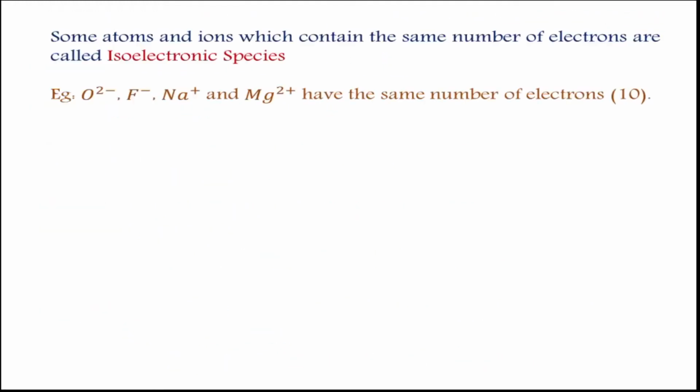Some atoms and ions which contain the same number of electrons are called isoelectronic species. Examples are O2-, F-, Na+, Mg2+, which have the same number of electrons. So these species which have the same number of electrons are called isoelectronic species.